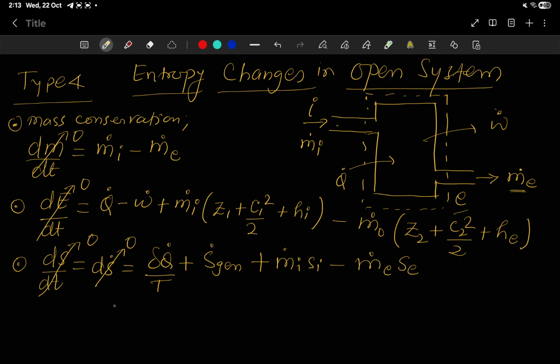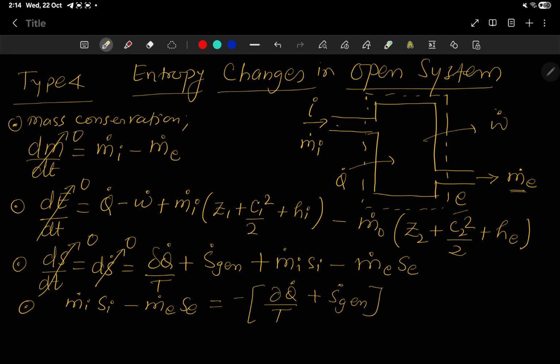So what we can write, this relation will be converted into this m dot I si minus m dot e se equals to, okay, this will be minus times del q upon T dot plus S generation dot.